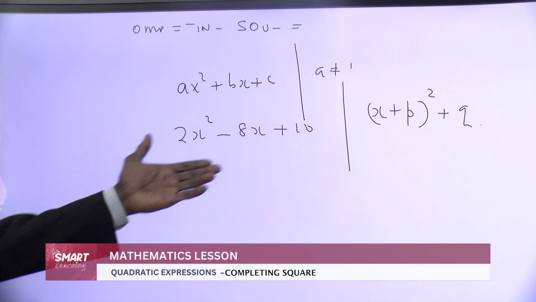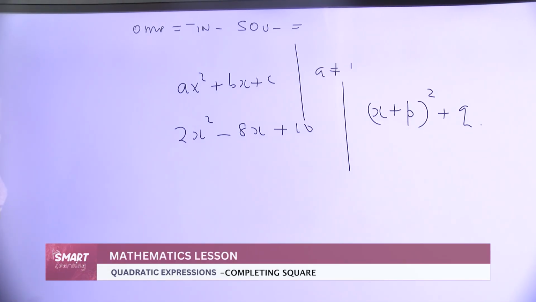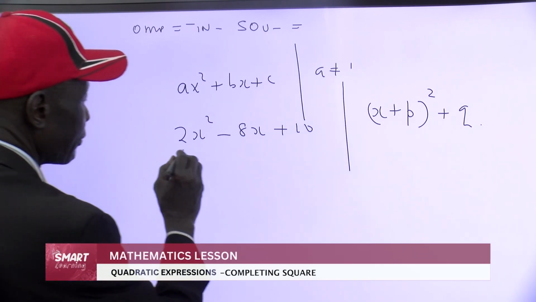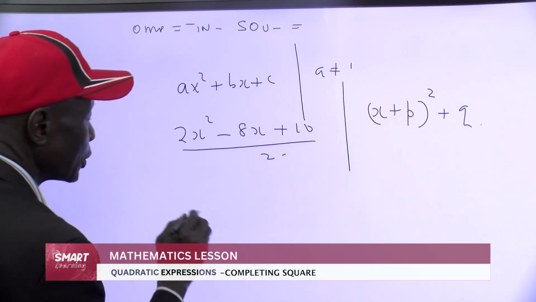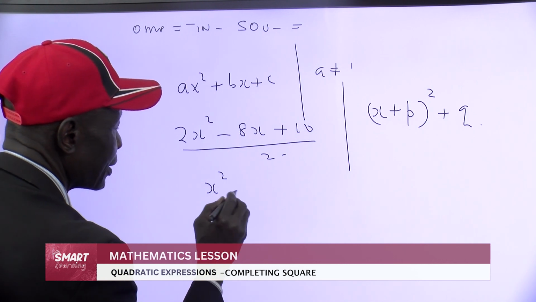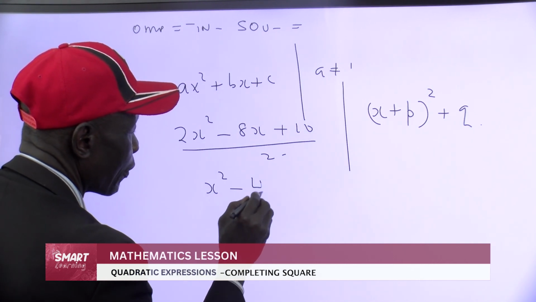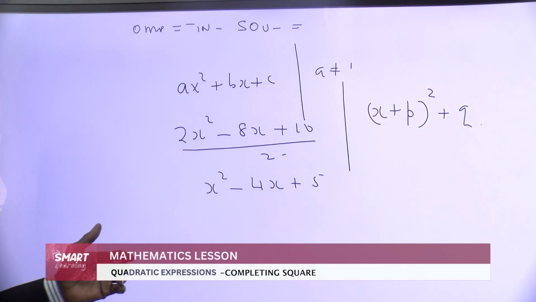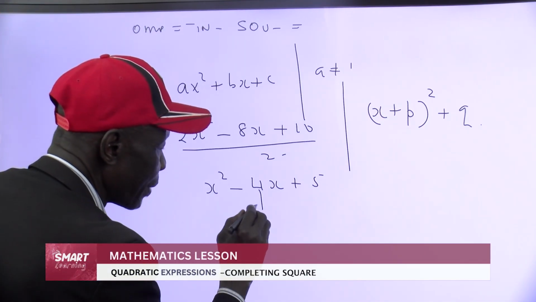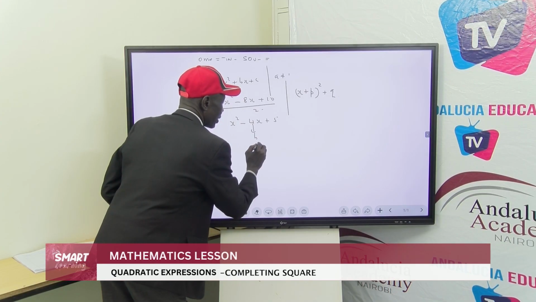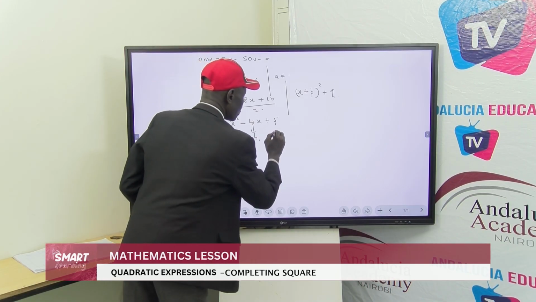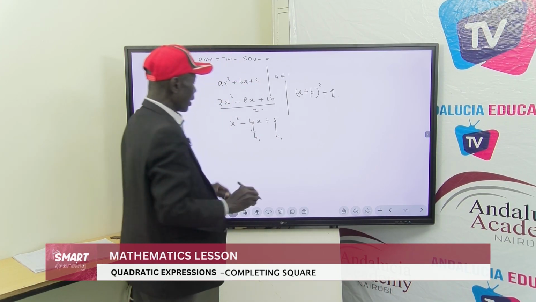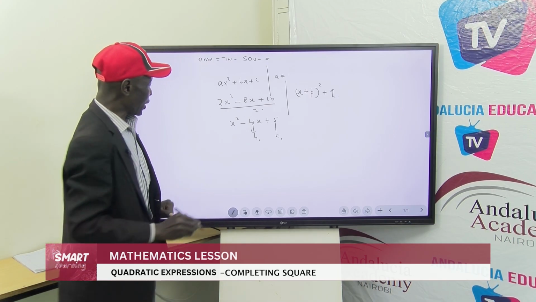Now, the first thing I have to do here is divide everything by 2. So if I divide everything by 2, I'm going to get x squared minus 4x plus 5. Now, this is going to be my new b, let's call it b1, and this will be my c1. But how do I get my b1?